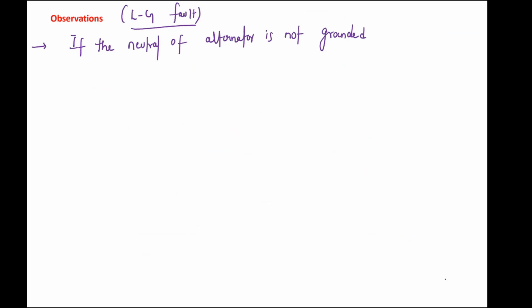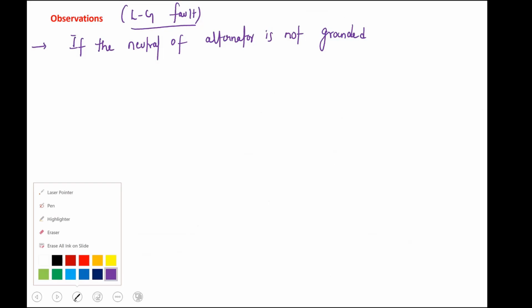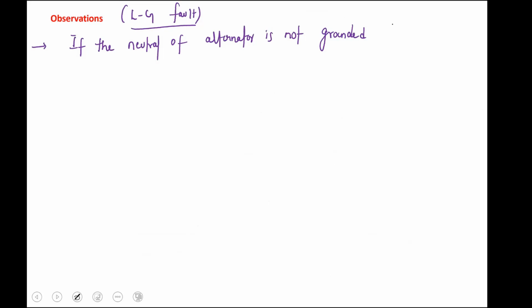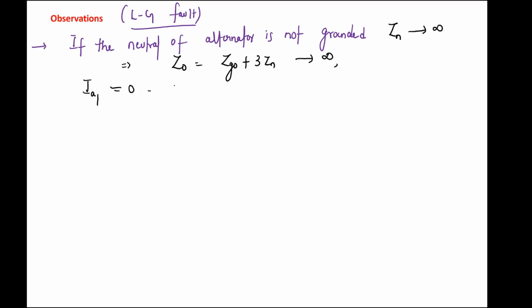So if the neutral of the alternator is not grounded, your Zn tends to infinity, which implies your Z0, that is Zg0 plus 3Zn, also tends to infinity, and your IA1 will become 0, which implies your fault current, that is 3 times IA1, also becomes 0.